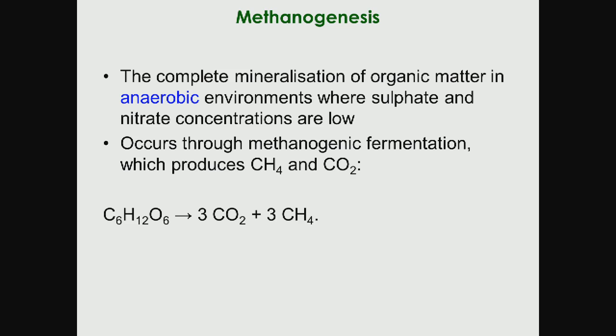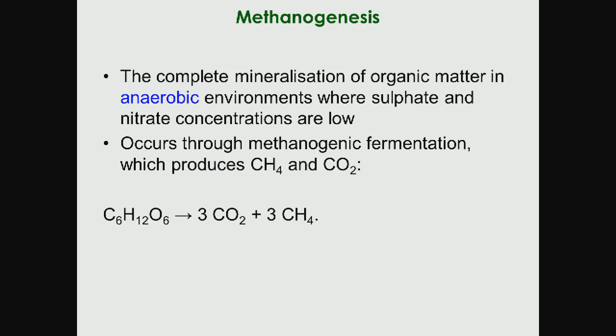So methane production in a soil environment is driven again through bacterial activity. And in fact, very similar bacterial activities that are taking place within the cow's rumen. Again, this is methanogenesis, where organic material is being converted into carbon dioxide and methane.